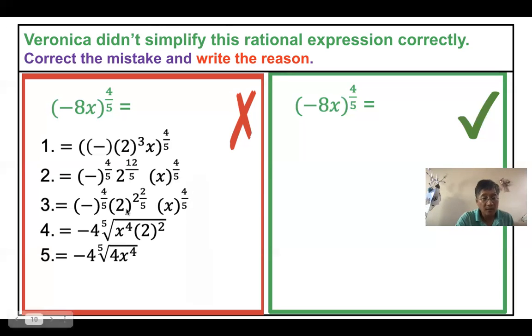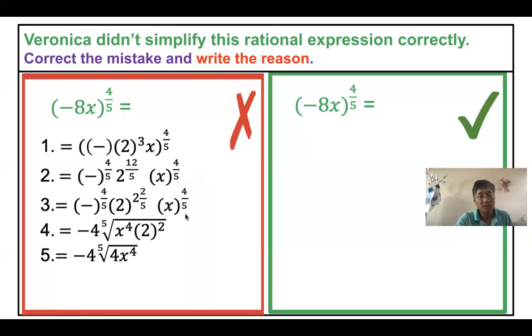Now 2 squared will be sent away to the front, right? 2 squared is a 4, it's okay. Only this is a mixed number. So 2 squared will go in front of the radical form. And then as we know, 5, 5, 5 is the 5th root, right? So everything will go into the one radical, which is the 5th root, right?